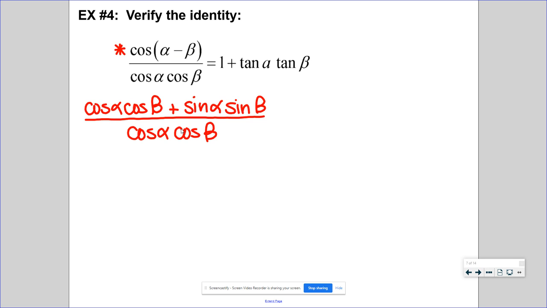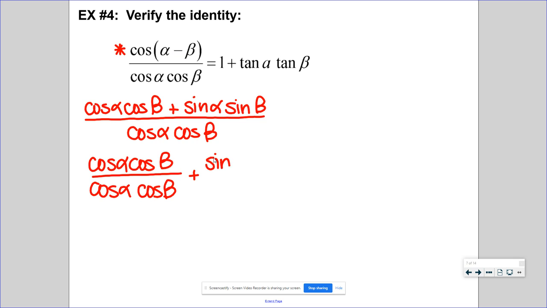Okay, so once we get to this point here, what we can do is we can actually decompose this fraction because the bottom is all one big term. So decomposing fractions means that you would break this up into two fractions. So you would put cos alpha cos beta over cos alpha cos beta. That's like the first fraction here, plus sine alpha sine beta over the denominator cos alpha cos beta.